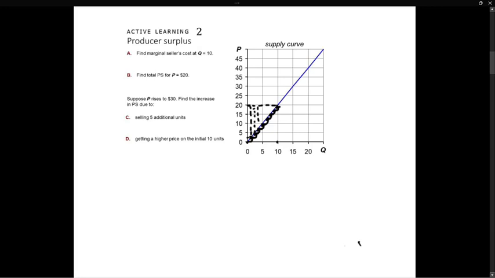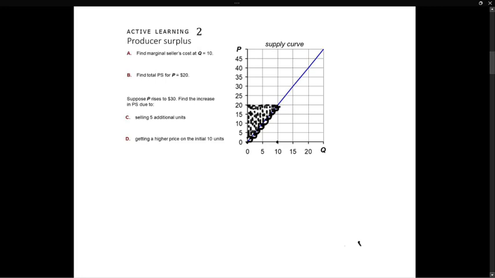Again, their cost of production will be less than $20, and they will have a gain from participating in this market. So I'm going to mark all these producer surpluses for each additional seller in this market, and the total producer surplus will be the total of these individual producer surpluses.